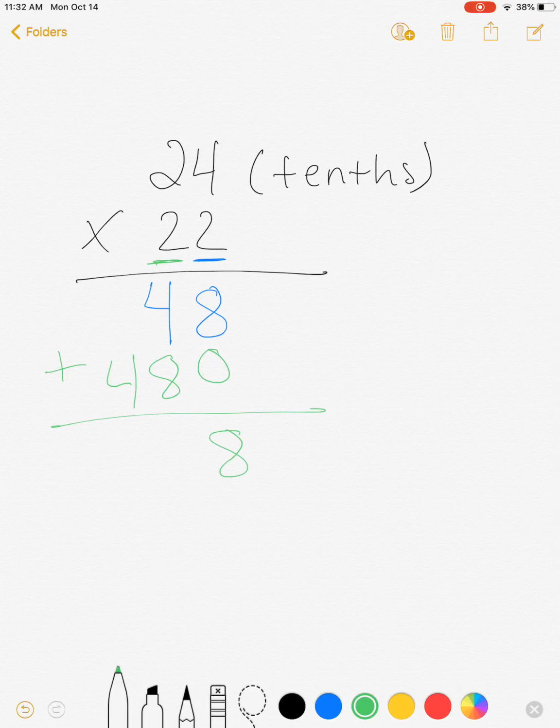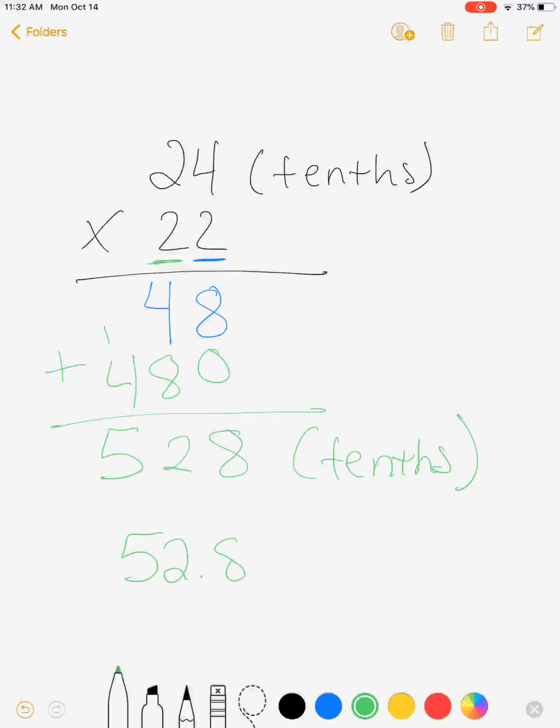Add our two partial products together, and we get 528 tenths. And we know that if we were to write this in standard form, it'd be 52 8/10, because our decimal has to show tenths.